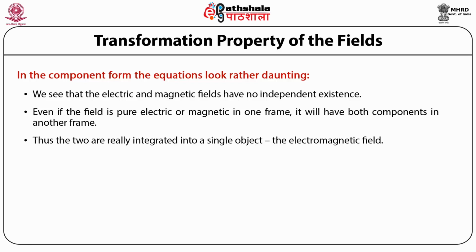So from these 6 components that we have defined over here in the transformation equations, we can then say that given a tensor, we can form various scalars or invariants out of it.